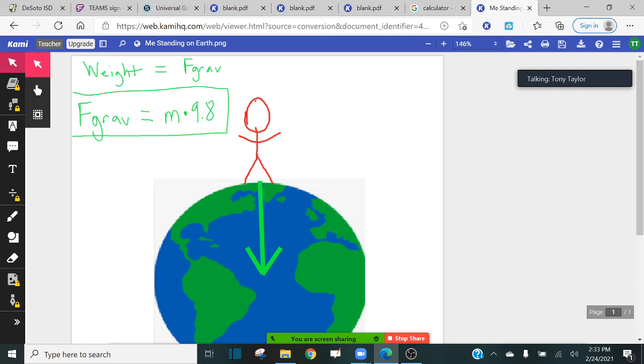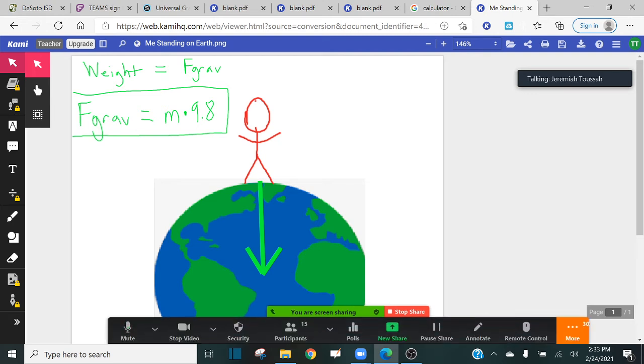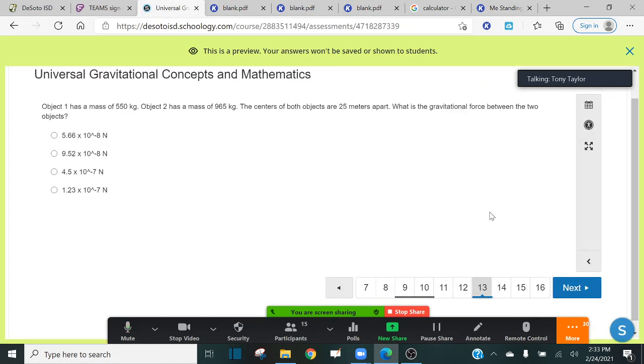Mass, by definition, is just the amount of stuff that makes up an object, which is the same wherever you are. Weight, by definition, is a result of the gravitational force pulling on you. So weight can change, mass cannot. Do y'all remember talking about that? Everybody good? Awesome.